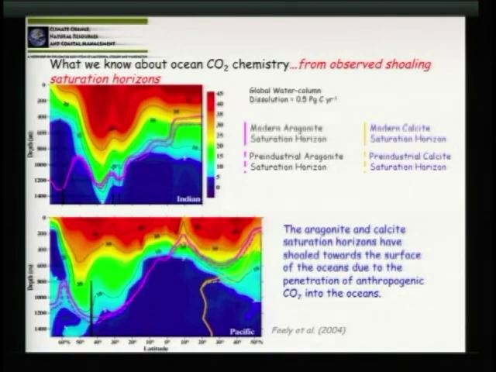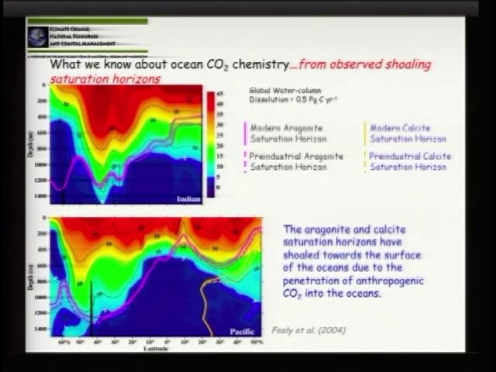What we found is that we could determine the distribution of anthropogenic CO2 in the oceans, and you can see here from the Indian and Pacific profiles that most of the anthropogenic CO2 resides in the upper 1,500 meters of the water column. With the exception of the North Atlantic, where it penetrates all the way to the bottom, anthropogenic CO2 still resides in the upper part of the water column, where most of our organisms of concern still live.